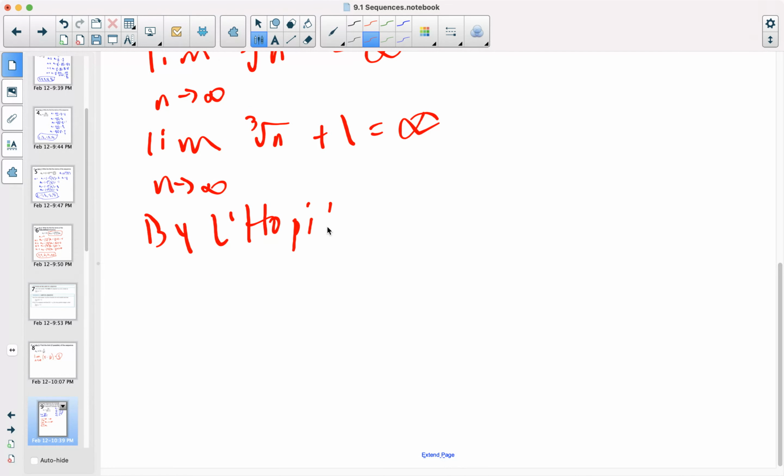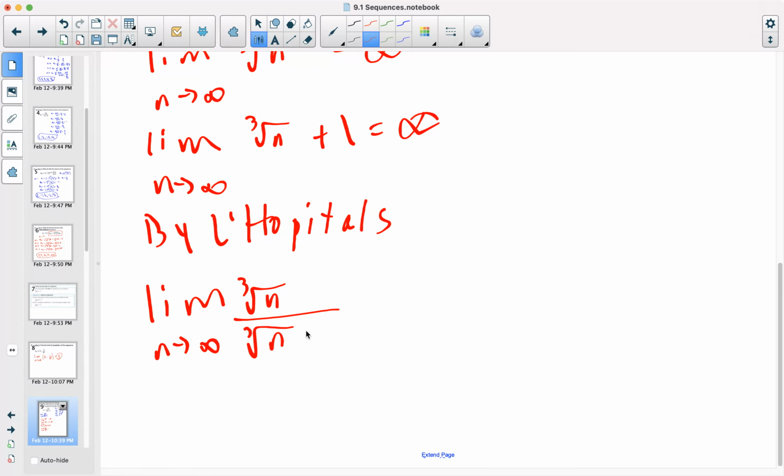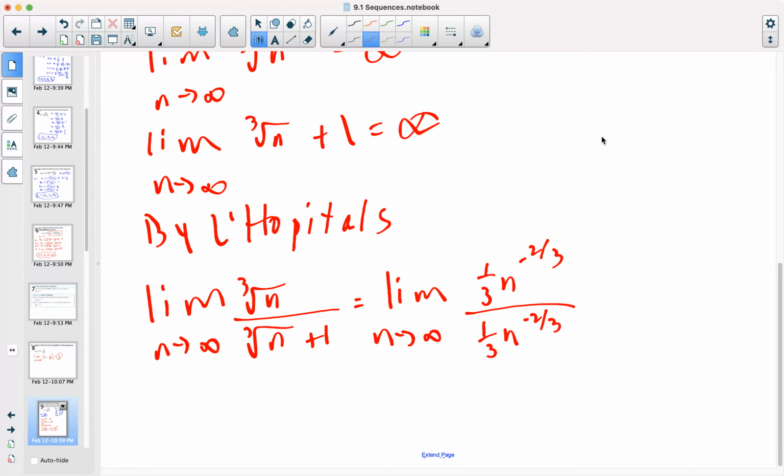By L'Hopital's, the limit as n approaches infinity is going to equal the limit. Take a derivative of the top, which is 1/3 n to the negative 2/3, and of the bottom is also 1/3 n to the negative 2/3, because in case you're confused, this is written as n to the 1/3.